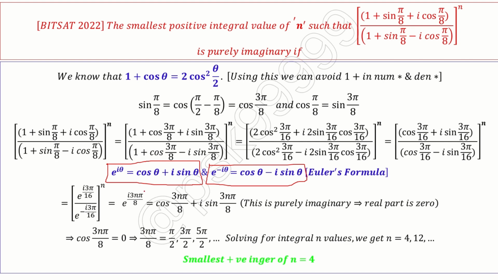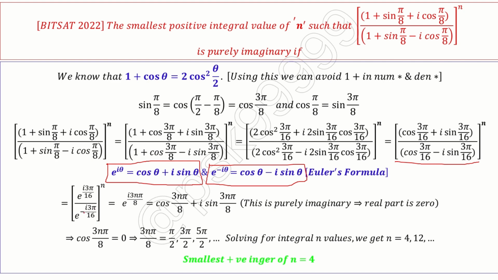So the given expression will become e to the power of i 3 pi by 16 divided by e to the power of minus i 3 pi by 16, whole to the power of n. This is cos theta plus i sin theta over cos theta minus i sin theta, so I will write it in this form.